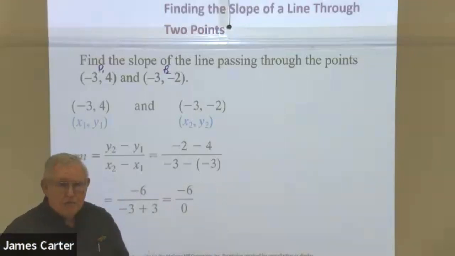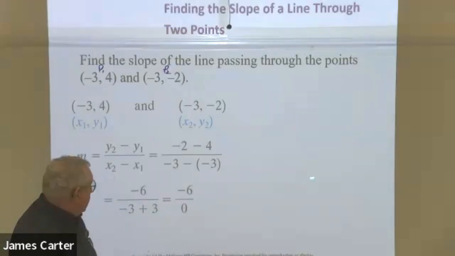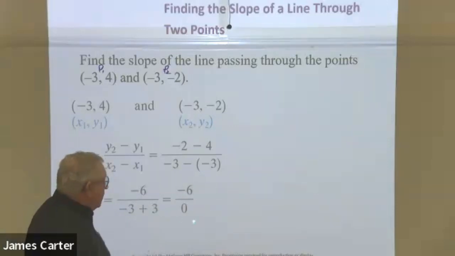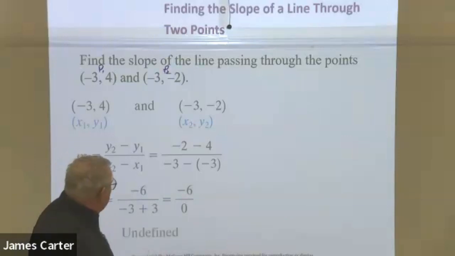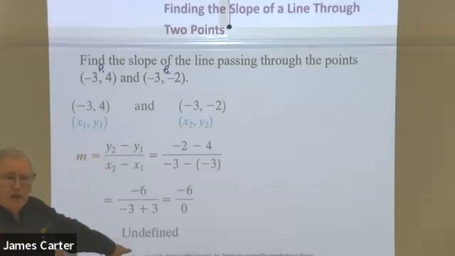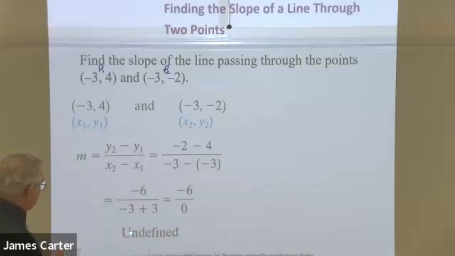Here's that one exception that I told you about. Now, if the question is, what is the slope of that line? The answer is undefined. Okay, undefined. Now, what that means, this also happens to be a vertical line.